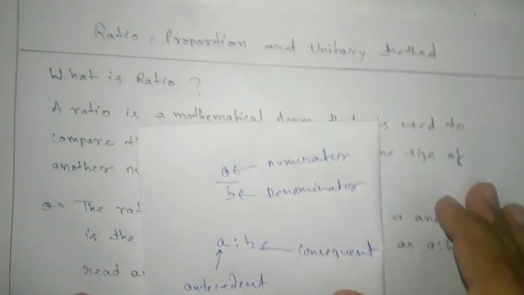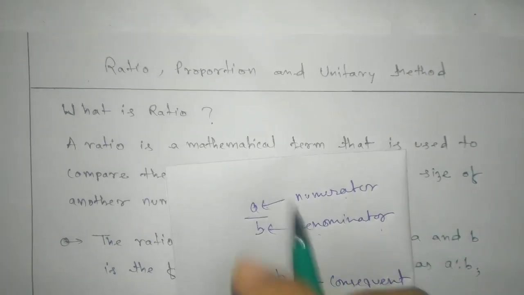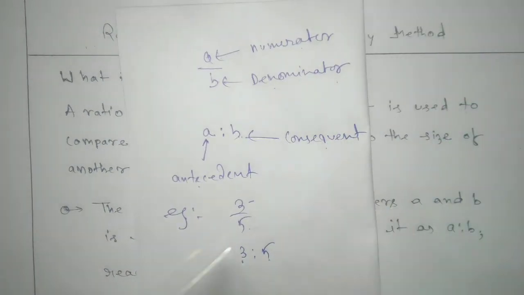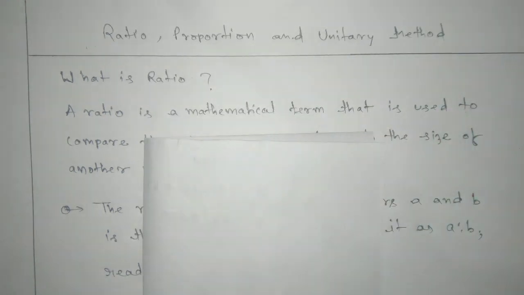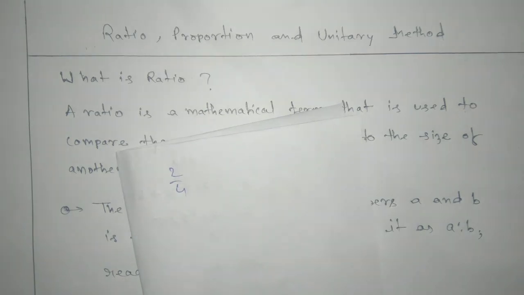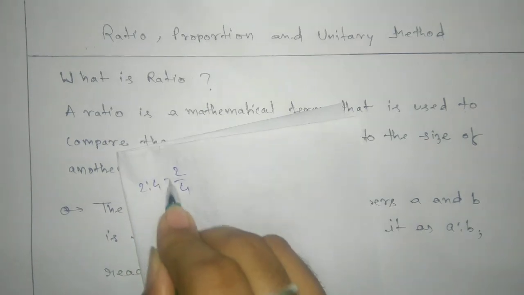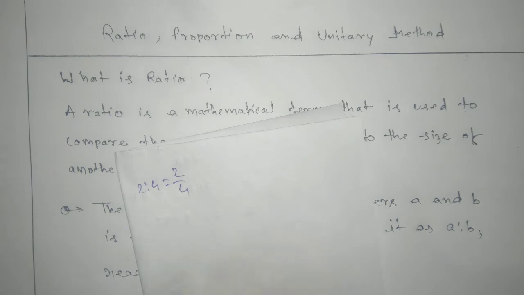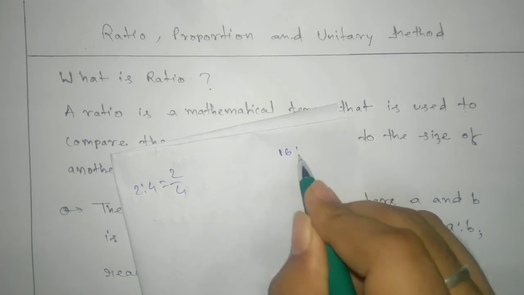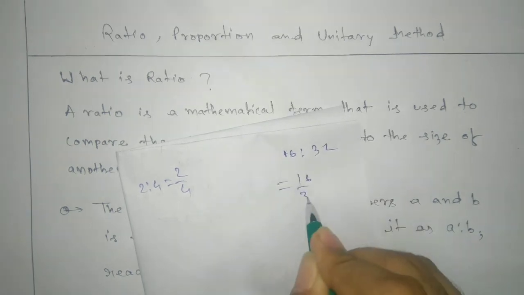Now you can see one more term, that is proportion. That means if I take two different ratios and we get equal things, then those two ratios are said to be in proportion. So what is that? If we go for 2:4, that can be written as 2/4. And you take 16:32, that can be written as 16/32.